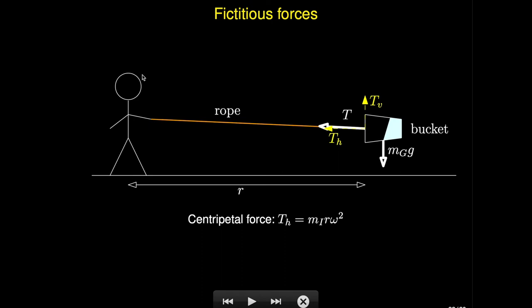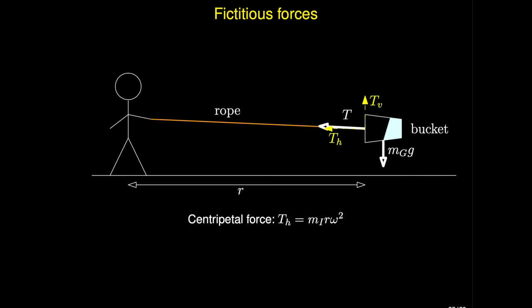Now, in my frame of reference, the bucket actually isn't rotating. In my frame of reference, it's the entire rest of the universe that's rotating around me the opposite way. If I just look down this rope, the bucket's not spinning, I'm not spinning, it's the rest of the universe that spins around me.